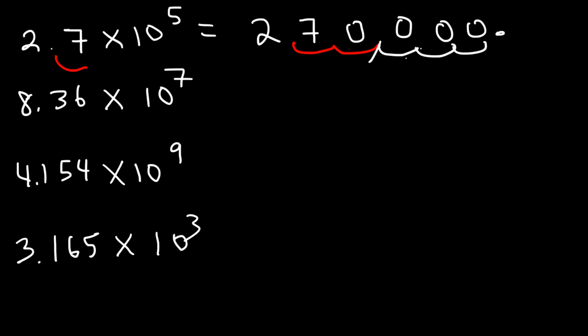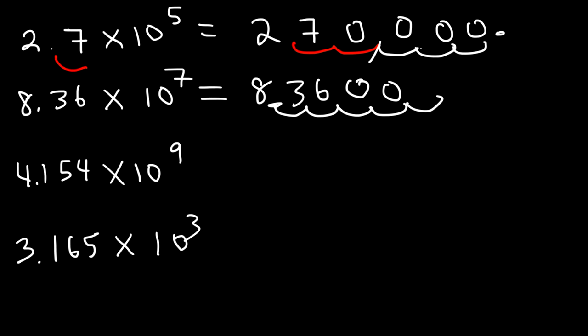That's 270,000. So let's try the next example. So the decimal's here. 1, 2, 3, 4, 5, 6, 7. So basically, that's 83,600,000.